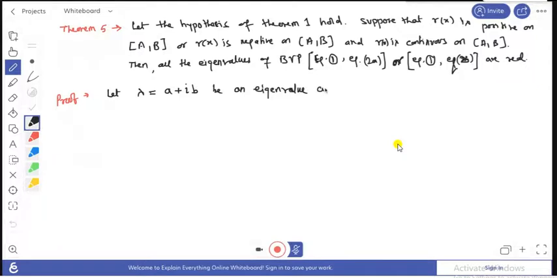Okay, and let your eigenfunction, if this is your eigenvalue, then the eigenfunction is of course continuous, and of course imaginary if you take lambda to be the imaginary one.